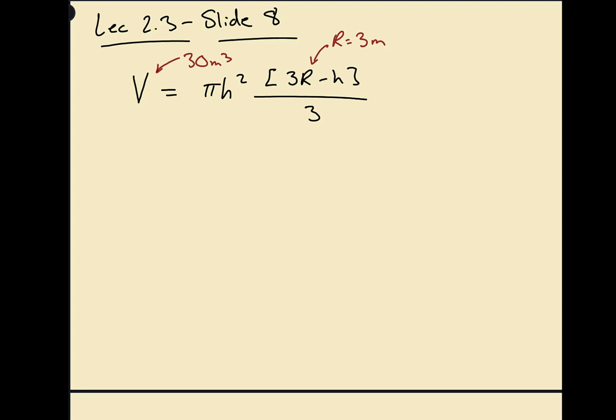To solve the root of this function, or to find h, we need a function where we want to find the root. So it's going to be f of h, or we can call it f of x, okay, for simplicity. You could also have used h, okay? So what's f of x going to equal?